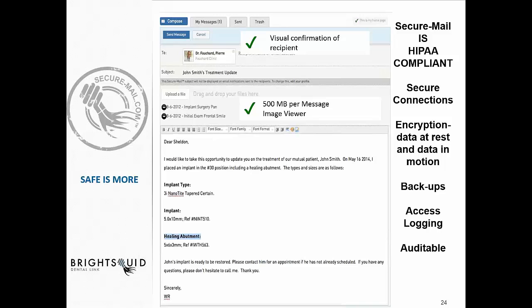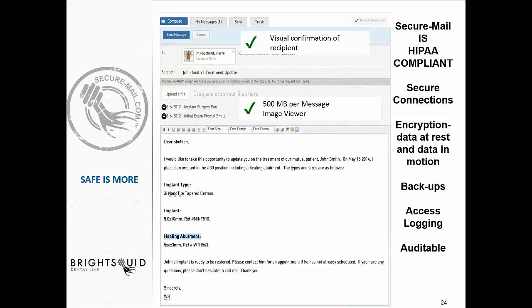So you could drag and drop into the email a full cone beam CT scan, or a 3D STL image, or both, and a number of other images that you'd like. So 500 megabytes would be kind of like 50 images in a high-res camera. So it's quite a bit of data, and that all goes in a single message just to keep all of your information together.